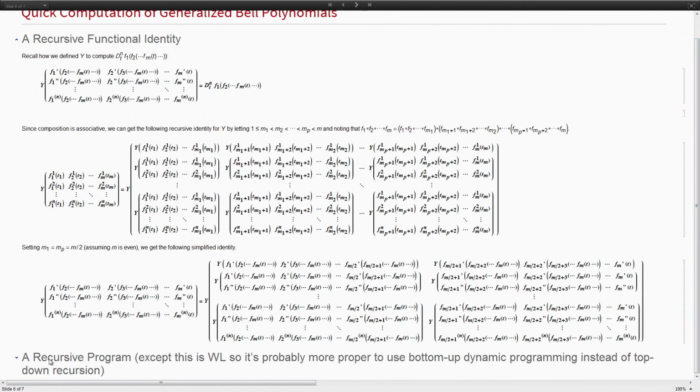This suggests a recursive program for computing these generalized Bell polynomials.